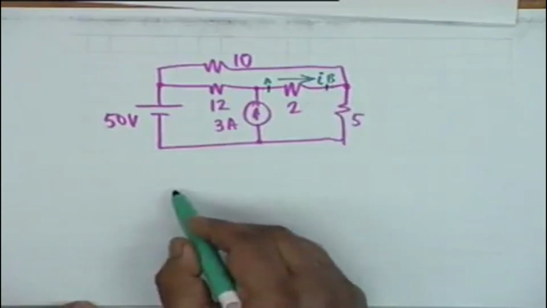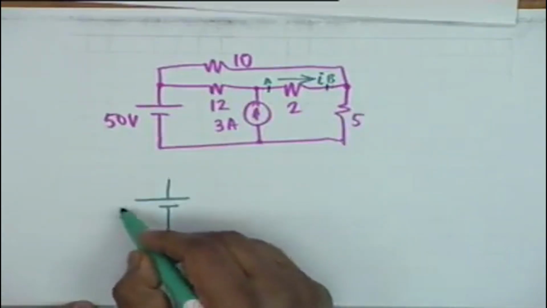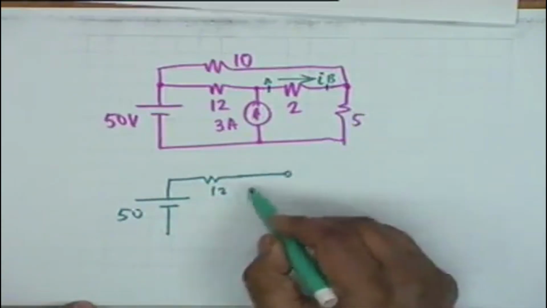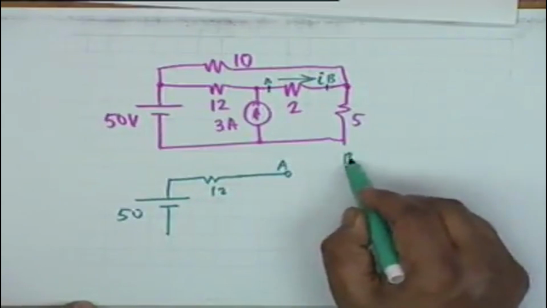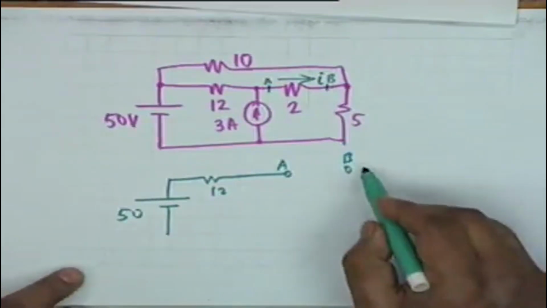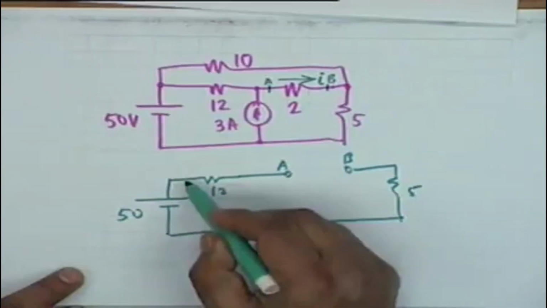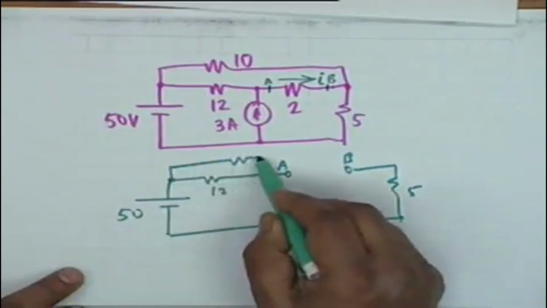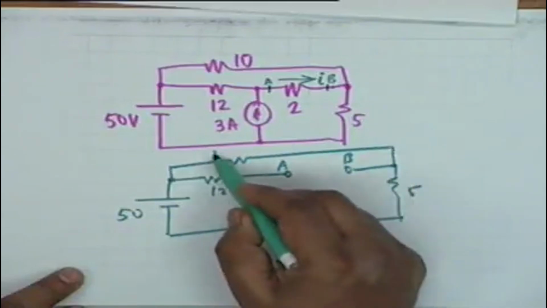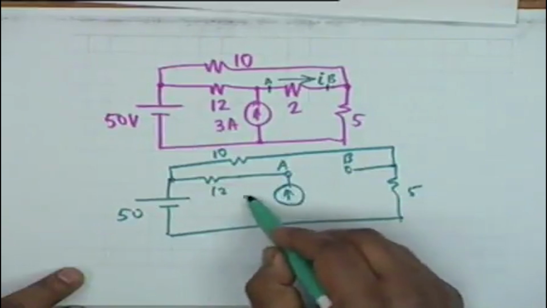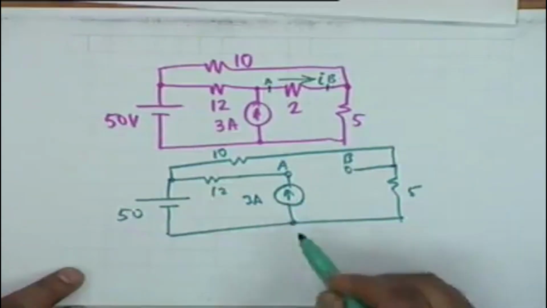In other words, our new circuit to find Vt shall be like this: 50, 12, then A and B, these are opened, then 5 ohm, and you have a 10 ohms here. In addition, you have a current generator 3 ampere here.